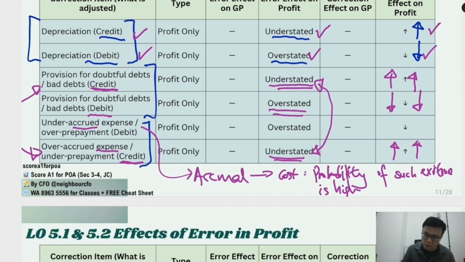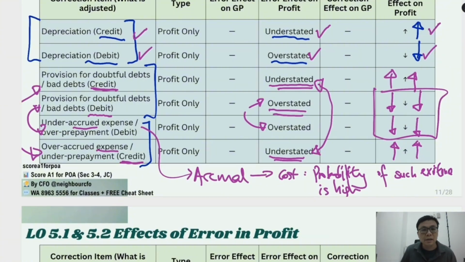And when you see that there's an overstatement, you look at it, it is exactly the same as this one over here. So you debit, and the error effect on the initial overstated profit will now reduce. Same situation.